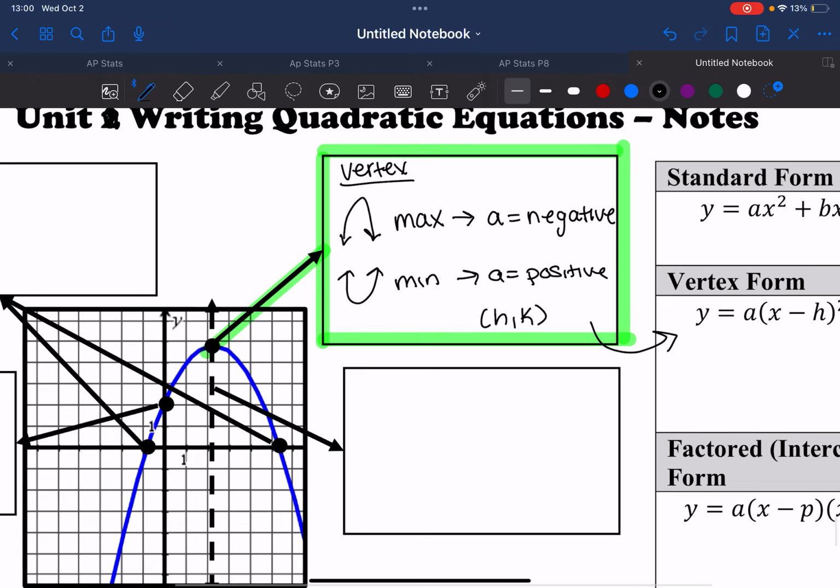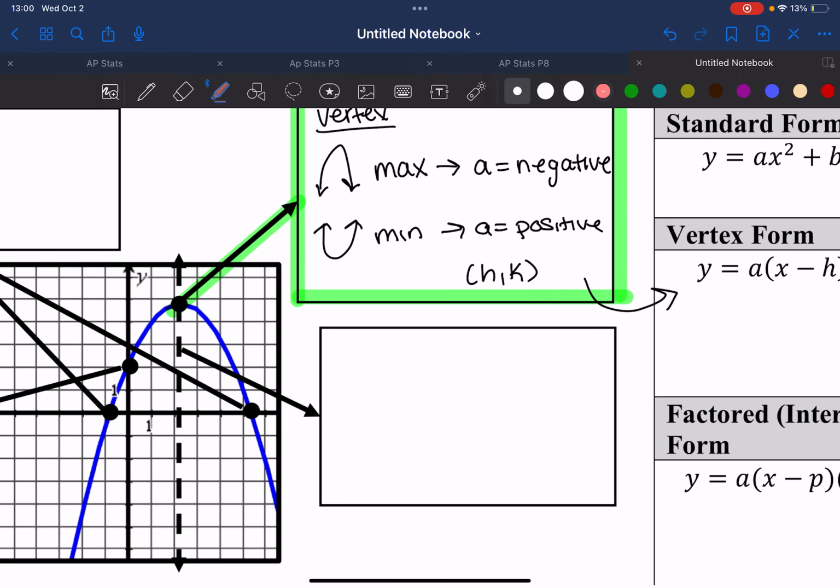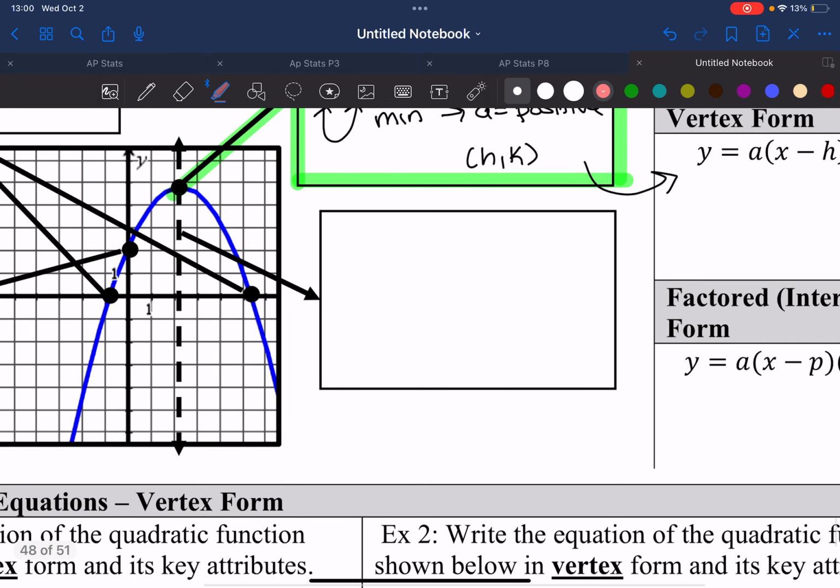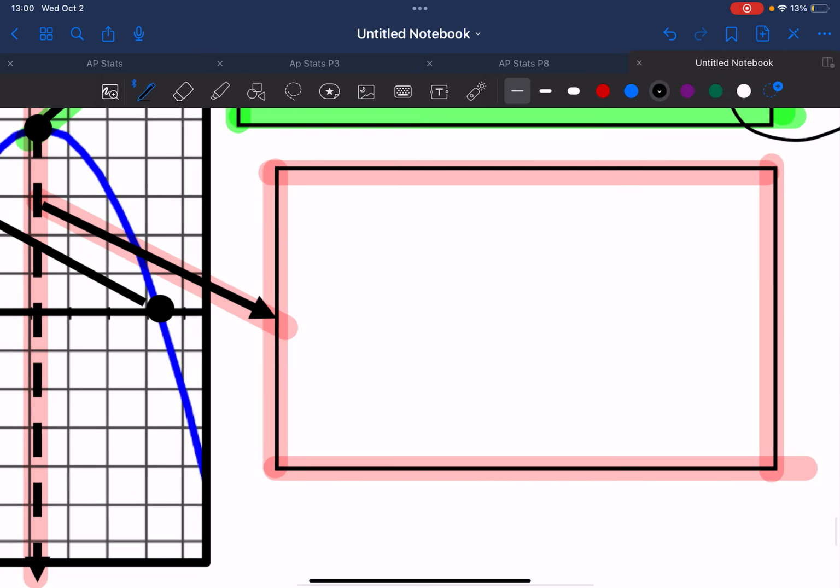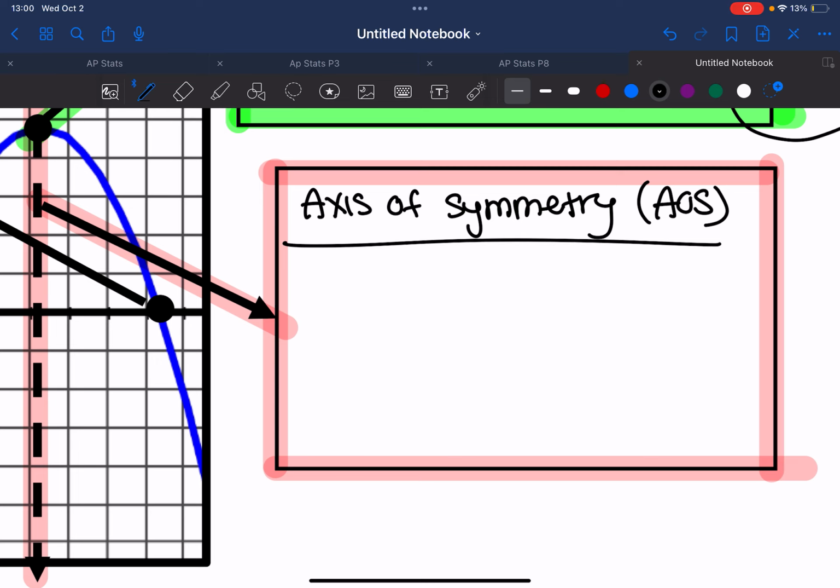The next one is the axis of symmetry. Remember, the axis of symmetry is the line that divides the parabola in half. I refer to the axis of symmetry as the AOS. We know that the axis of symmetry is always the x value of the vertex, so x is equal to h.